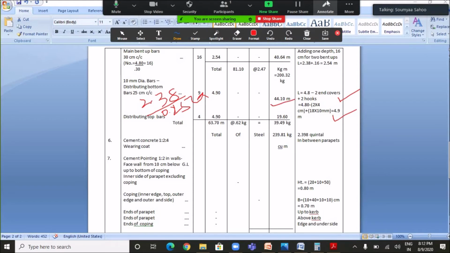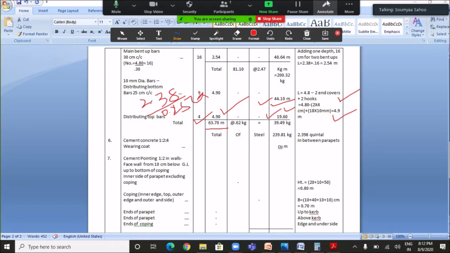And then next is distributing top bar. Here the number of distributing top bars is generally half of the number of distributing bottom bars. So we have taken this number as 4 and the length is already calculated as 4.9, and if we multiply 4 with 4.9, we get 19.6 meter, and the total quantity is 44.10 plus 19.60 equals 63.70 meter.